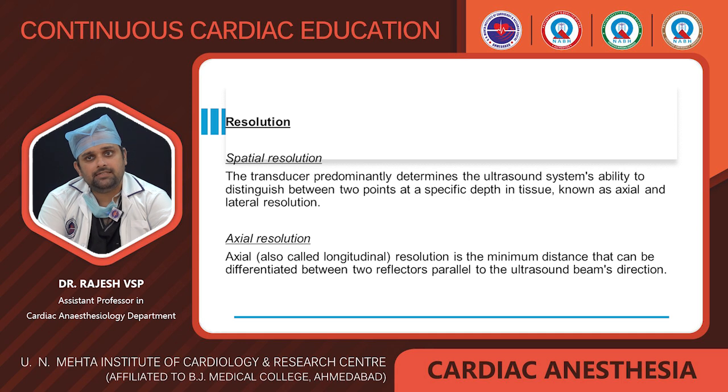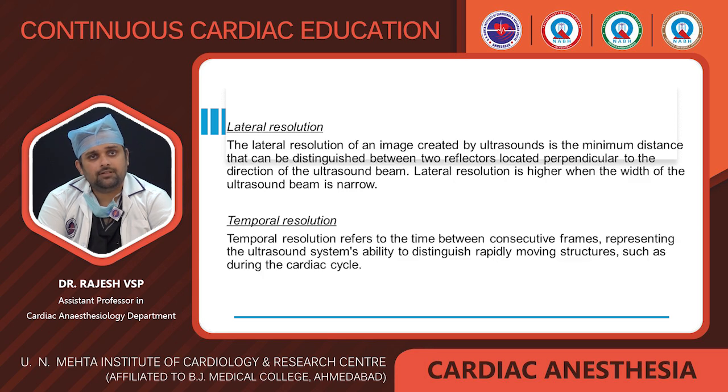This is the minimum distance that can be differentiated between two reflectors parallel to the ultrasound beam's direction. Coming to the lateral resolution, the lateral resolution of an image created by ultrasound is the minimum distance that can be distinguished between two reflectors located perpendicular to the direction of the ultrasound beam. Lateral resolution is higher when the width of the ultrasound beam is narrow.